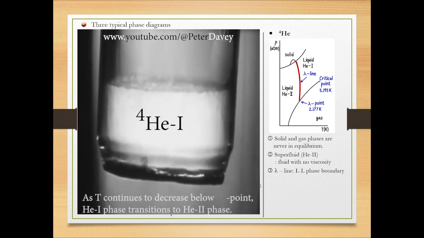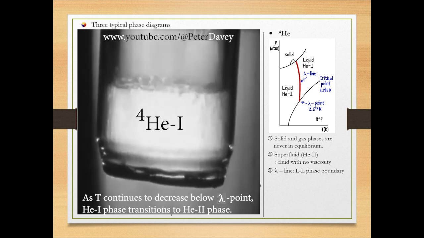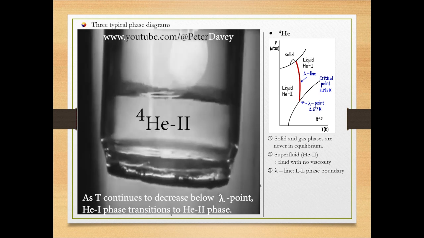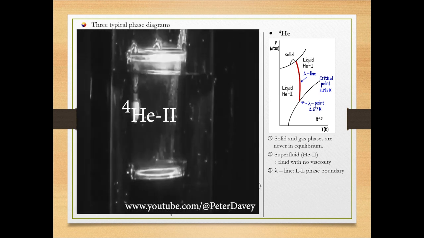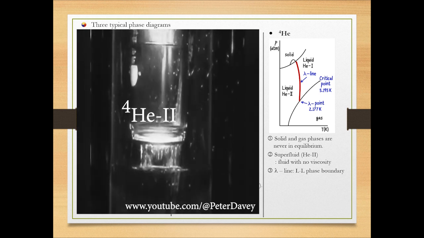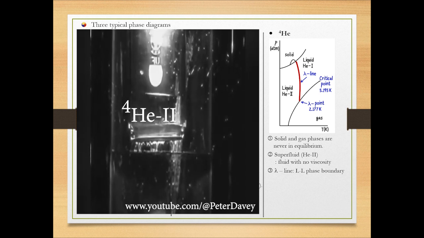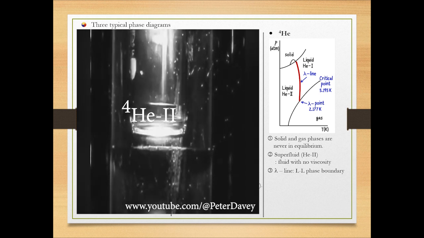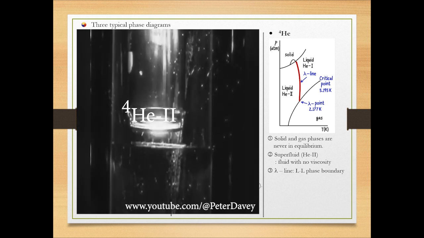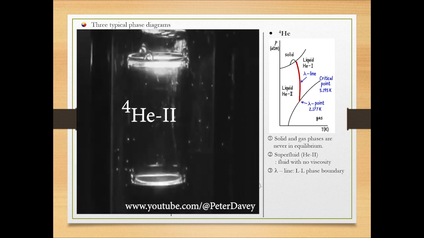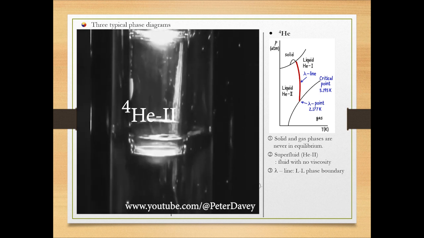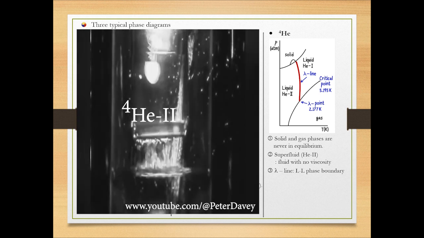Now, observe the behavior of helium-2, the superfluid phase of helium. Unlike helium-1, helium-2 has no viscosity. As a result, it flows effortlessly through the ultrafine pores in the ceramic bottom of the container, experiencing virtually no friction during the process.